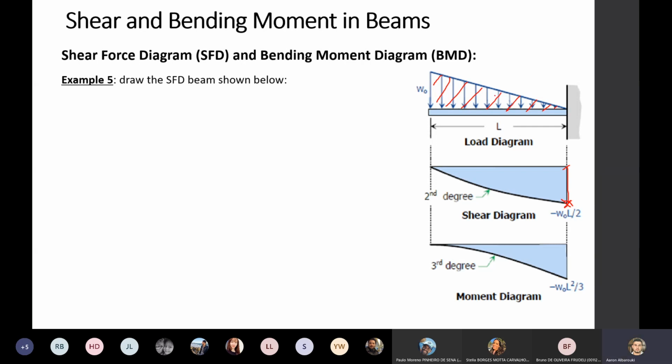So if we nail the shear force diagram, the bending moment diagram will be very simple for you guys. It's exactly the same thing, we're just taking it one level up. This case would be the hardest of them all, which is not really hard. It's just the most advanced one between them all. You'll see the other ones are way easier.